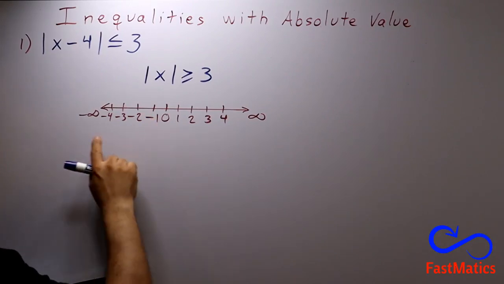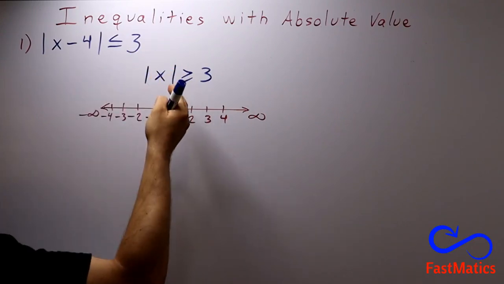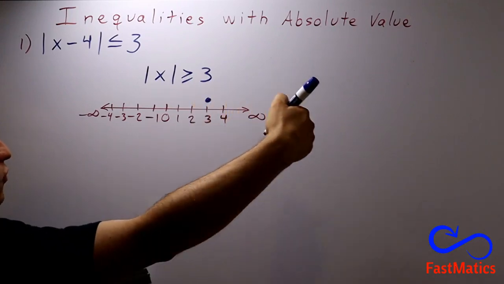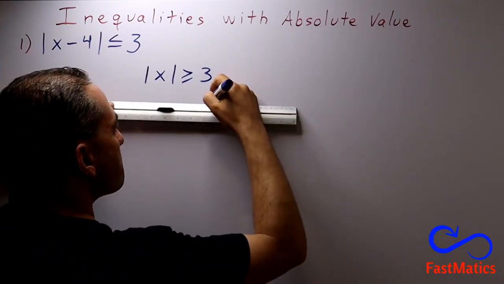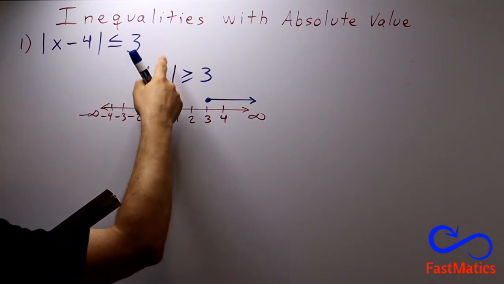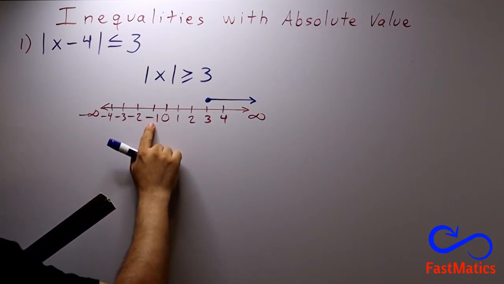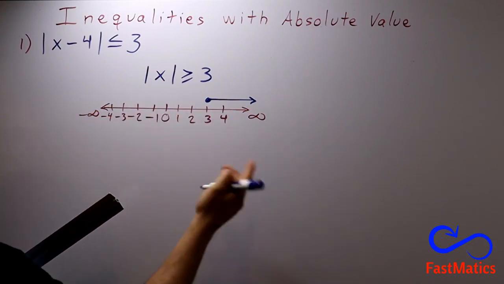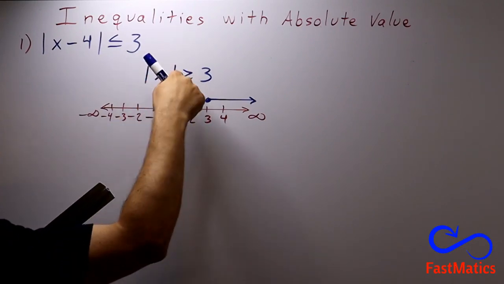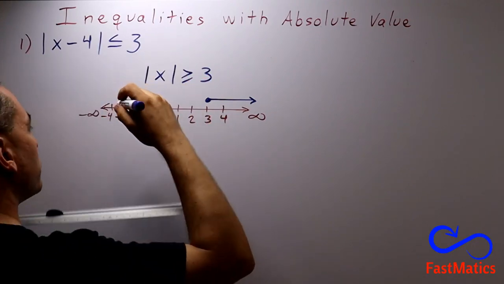To understand that on a number line, we must think of positive numbers greater than or equal to 3: 3, 4, 5, etc. But also, we are going to take numbers as if they had no negative sign. So 1, 2, 3, 4. So numbers greater than or equal to 3: 3, 4, 5. So here we also have numbers.